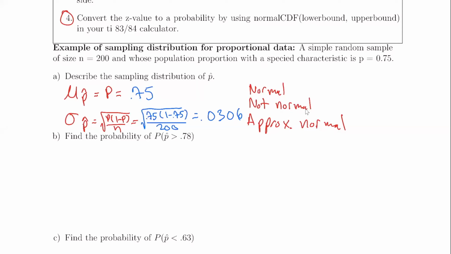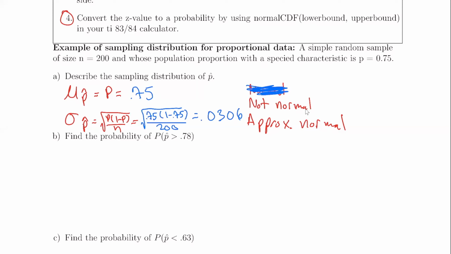Okay. So up next, we're going to see if we could say this distribution is normal, non-normal, or approximately normal. We already know it's not normal, because the problem doesn't tell us that it has a normal distribution. So the only two options we have are non-normal or approximately normal.